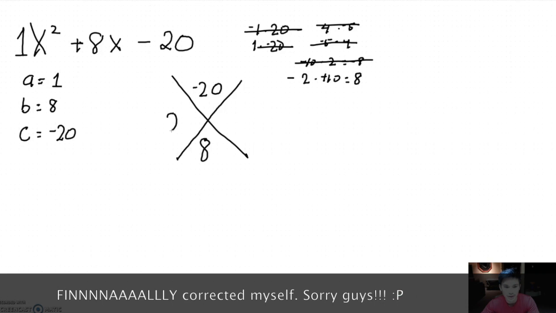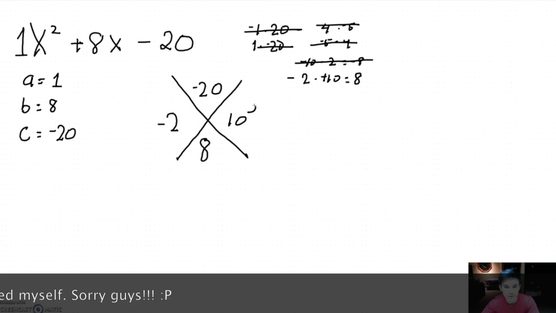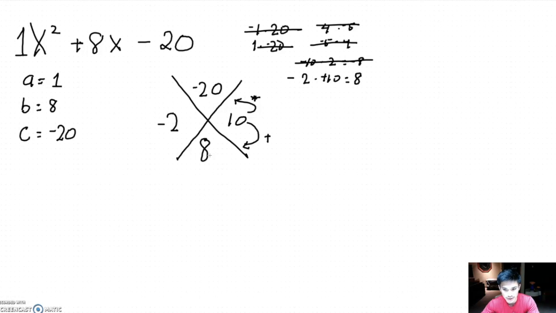So negative 2 and 10 would work. Why? Because 10 times negative 2 gives me negative 20 when I multiply, and when I go down and add them, 10 and negative 2 give me 8. So I can tell right away that those are the correct factors.